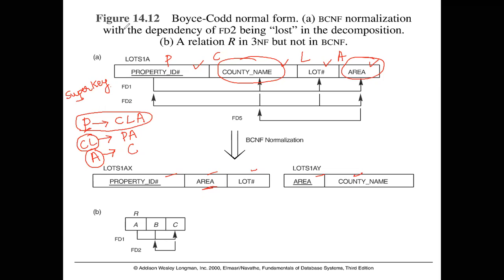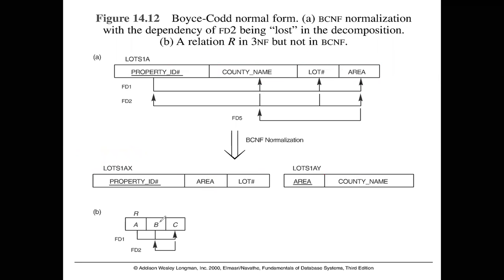So the next example is this one. Consider these ABC attributes. If we write the functional dependencies, it is A, AB determining C, and C is determining B. Now let us check whether 3NF is followed here. 3NF says there should be no transitive dependency of a non-prime attribute.